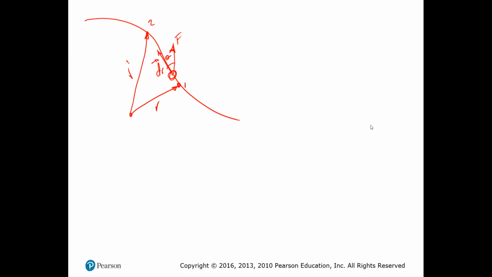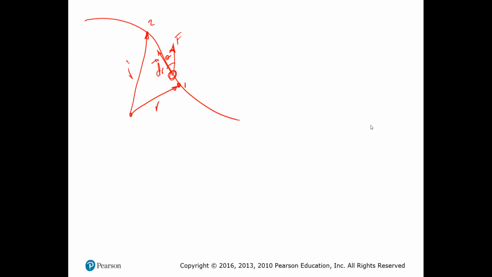We have to take the definition of work. As you know, it's force times displacement, or the dot product between these two vectors, the force and the displacement. If you perform the dot product, you will get the work done on a particle.